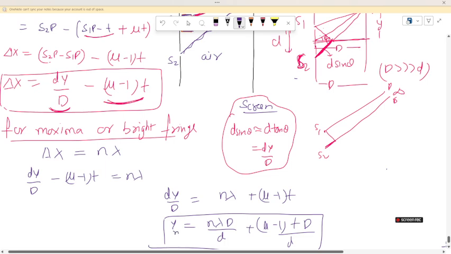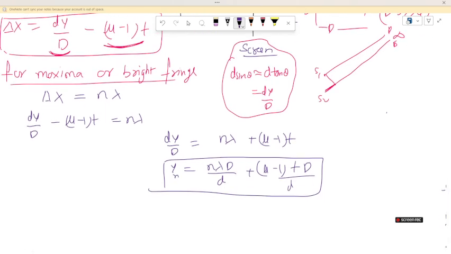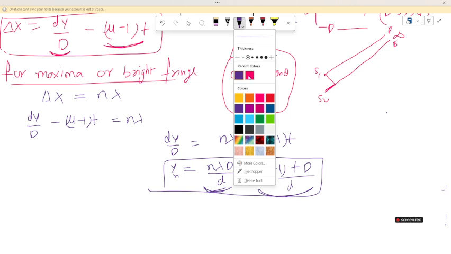So this will be the location of maxima. This is the extra factor coming here. When we don't have the slab, this was the location. Now the location has changed and this extra factor has arisen.